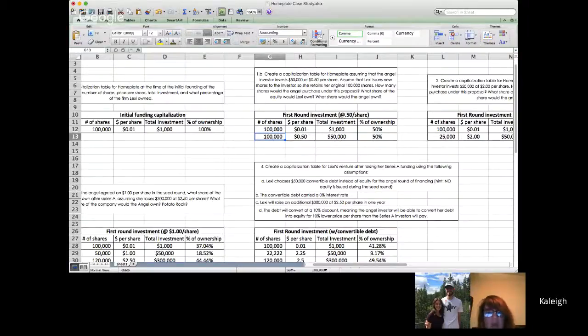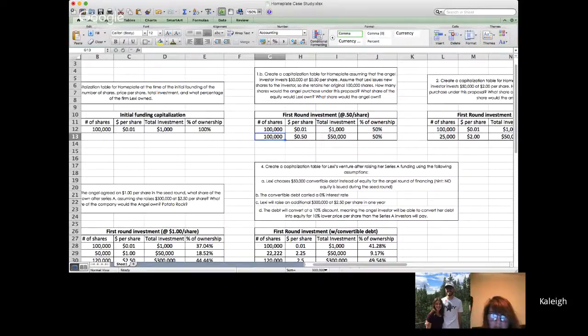We have the amount of investment and we have the amount per share that it costs. So we just divide these two numbers. And that'll tell us how many shares, because if they invested $50,000 into her company at 50 cents a share, then that $50,000 was able to buy 100,000 shares at 50 cents a piece.